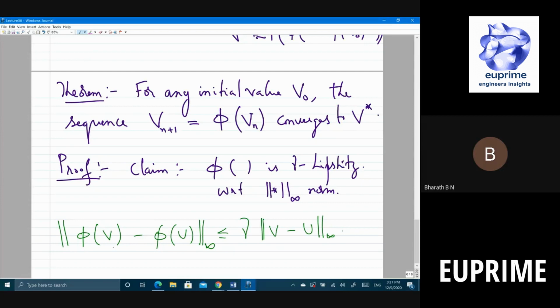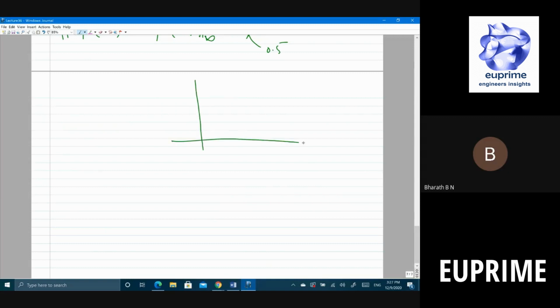You take any two value vectors v and u, and phi of v minus phi of u is smaller than v minus u. So if gamma is, let's say, 0.5, all it's saying is that if you look at the y-axis, the difference in phi is smaller than half of the difference in the x direction. In a picture, if you change in the x direction by delta, the change in y will be smaller than delta by 2.